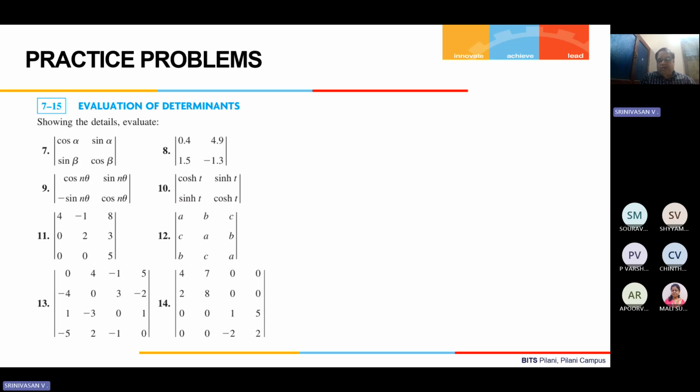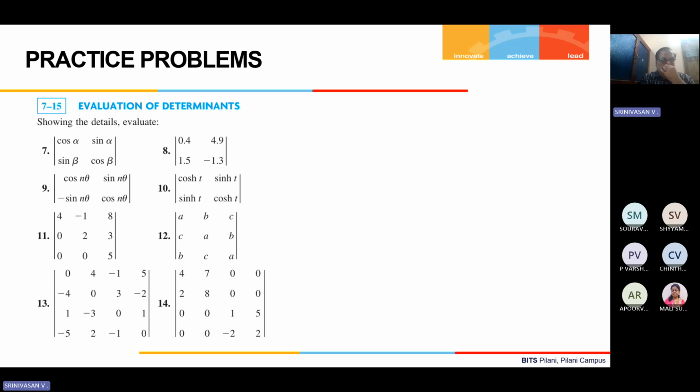Which is the same as your minus 1264. So you are able to see that determinant 2A is equal to not just 2 into determinant A, but 2 cubed into determinant A in this case, because 3 is the order of the matrix.